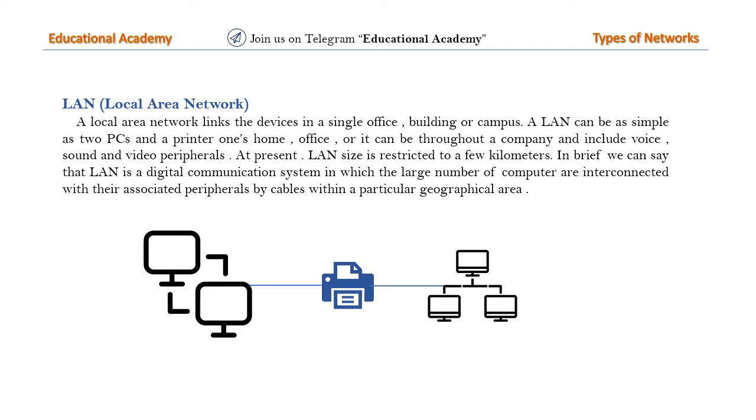A LAN can be as simple as two PCs and a printer in one home. If we connect two systems to each other, and connect a system with a printer, that simple home or office connectivity we can define as a LAN.